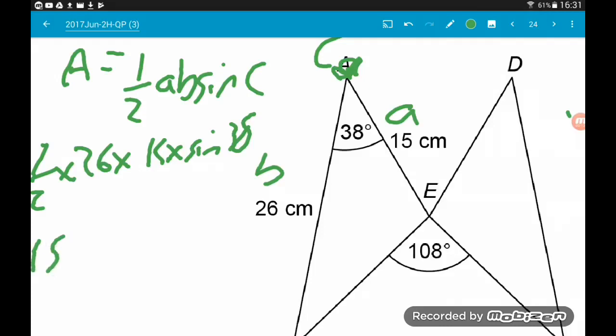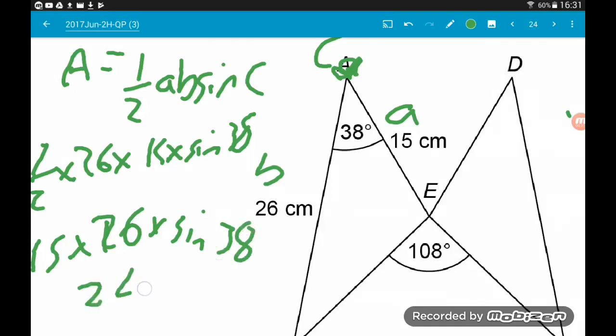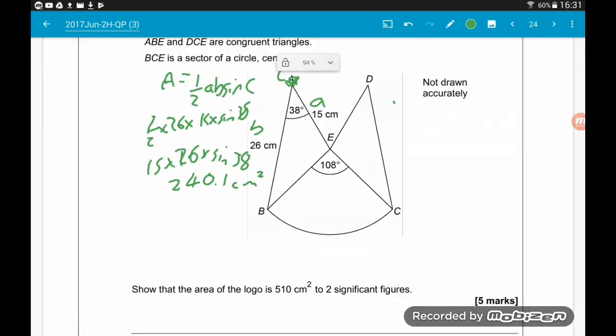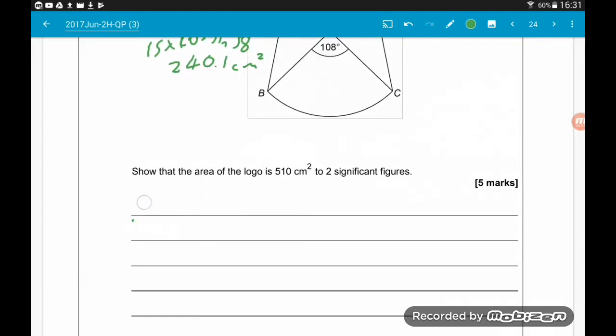So if you just put in 15 times 26 times sine 38, hopefully you will get 240.1 centimeters squared. So let's make a note of that. The area of the triangles is 240.1 centimeters squared.